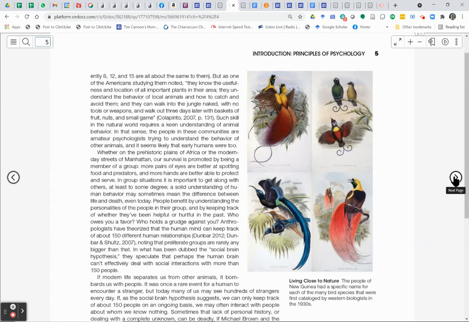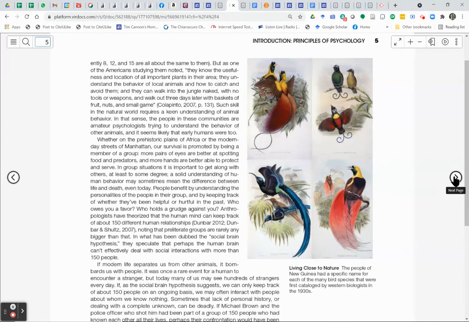Now, this is a pretty amazing story about the birds and how these people from New Guinea identified 300 and some different kinds of birds, and they brought in a professional, and he came up with basically the same number.